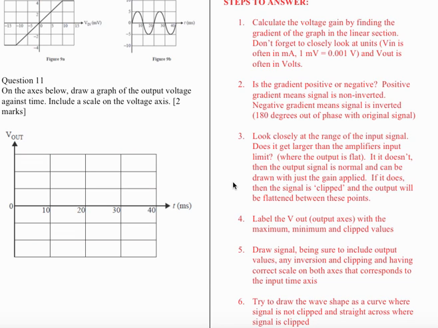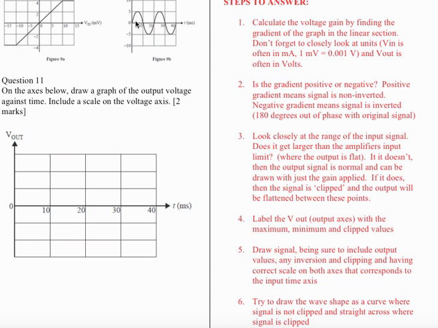When you're asked to draw these graphs, as you are in question 11 here, draw a graph of the output, you need to consider whether this input signal lies within the linear range, in which case it's not clipped or distorted, or whether it continues beyond the capability of that particular amplifier and goes into the clipped range.